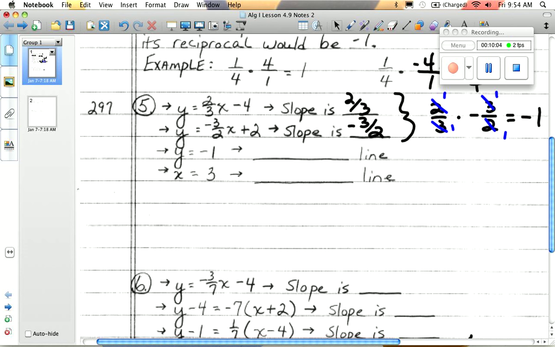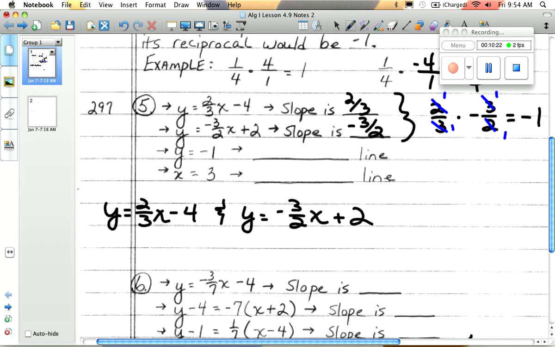Okay, so we have two more equations here that we're going to talk about. I think we've already decided, let's go down here and write, we've decided that y equals 2/3 x minus 4 and y equals -3/2 x plus 2 are perpendicular.